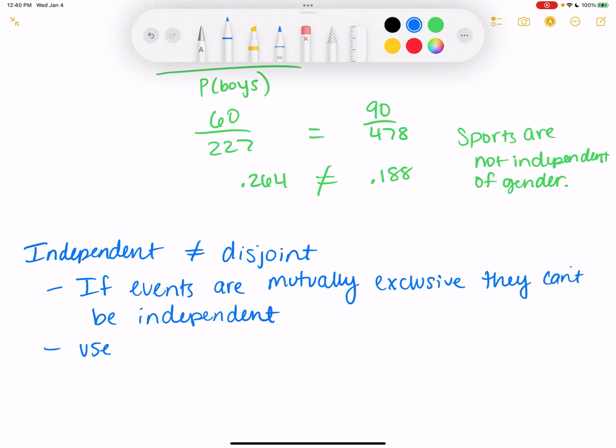Use probabilities to complete a contingency table.